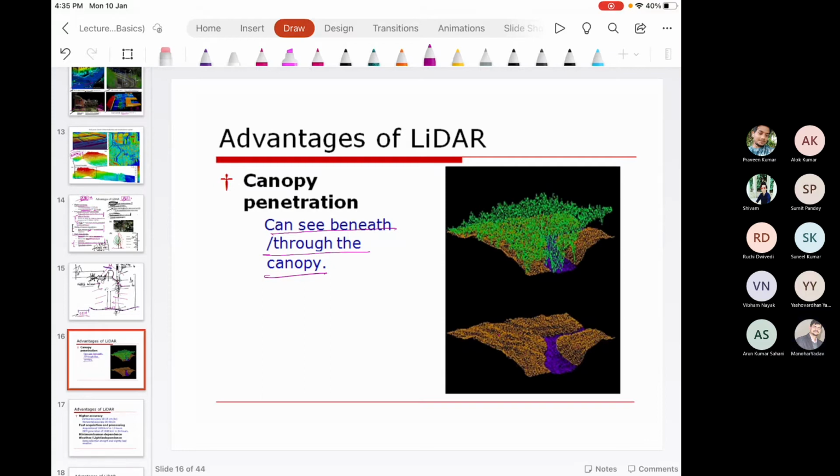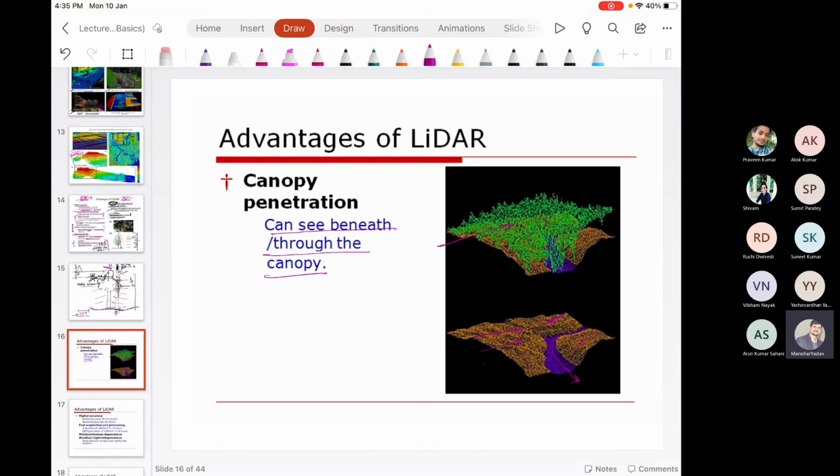Just see over here, the green color represents the trees which are over the ground surface and the water canal is passing through that. And these are the ground surfaces. So there are many ground points. Through the canopy, the laser beam goes through and finally hits the ground.